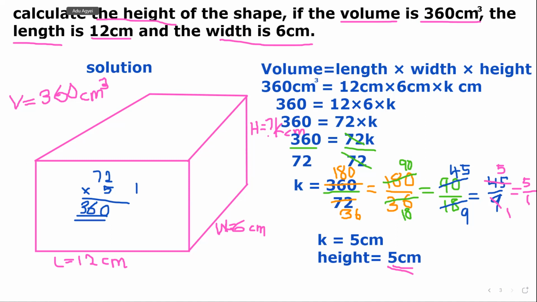I think that is the end of the lesson. That's the volume. So always try and use both methods, the counting cubes method, and then the formula which states the volume is equal to length times the width times the height. See you later. Bye.